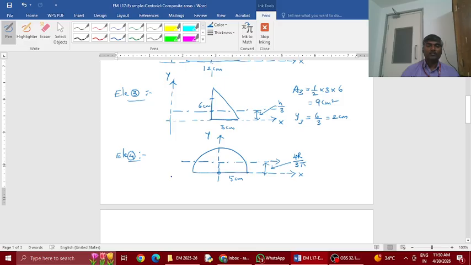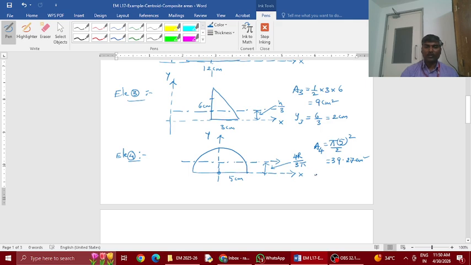Now the properties: A4, the area of this semicircle, is pi r square by 2, which works out to be 39.27 centimeters square.